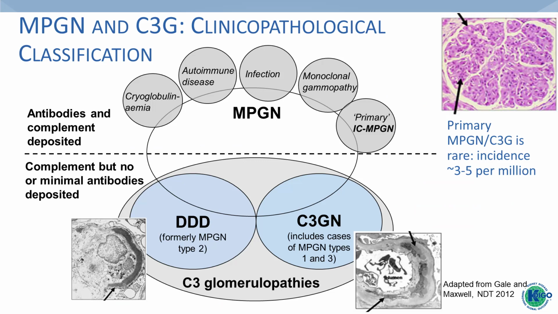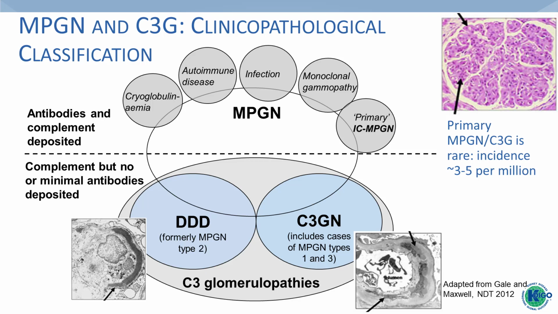So I've used words like MPGN, C3 glomerulopathy, and dense deposit disease, and this diagram here shows an approach to diagnosis. So MPGN refers to the light microscopic appearances of thickening of the capillary walls and mesangial hypercellularity. There are a number of disease processes that can result in these morphological appearances, including cryoglobulinemia, autoimmune diseases, chronic infection.